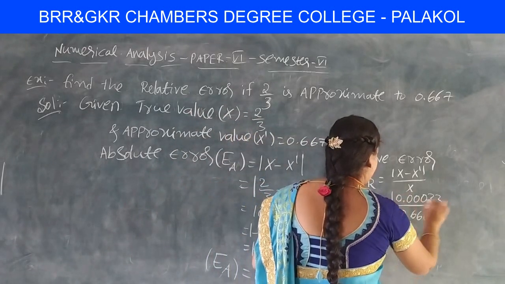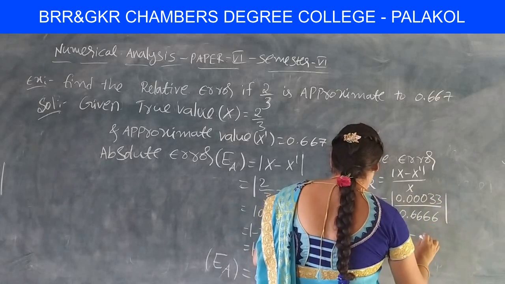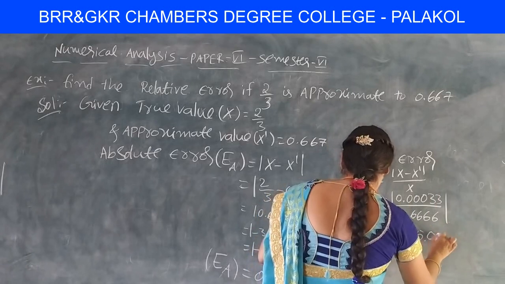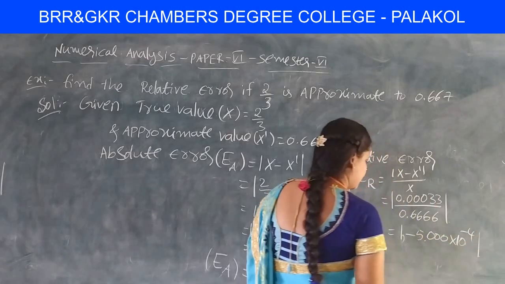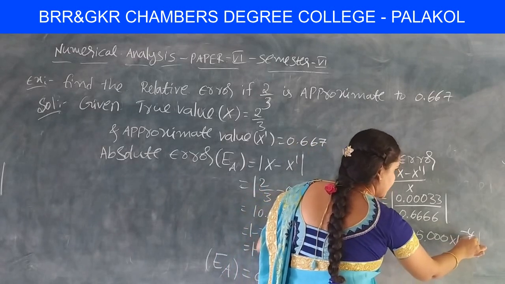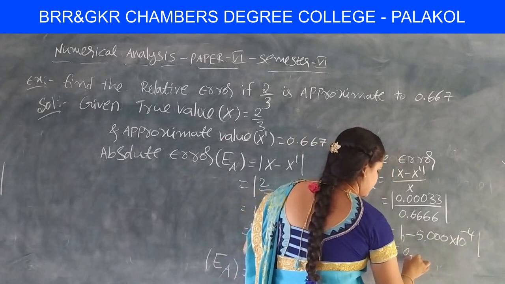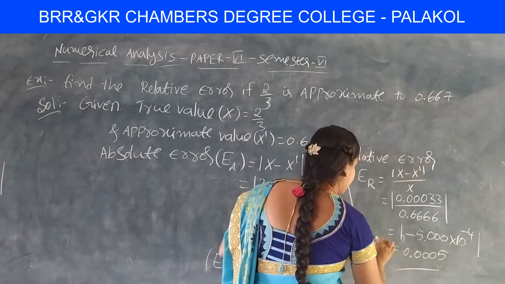This gives modulus of minus 5 into 10 to the power of minus 4, and the modulus value is always positive, so 0.0005. This is the relative error.